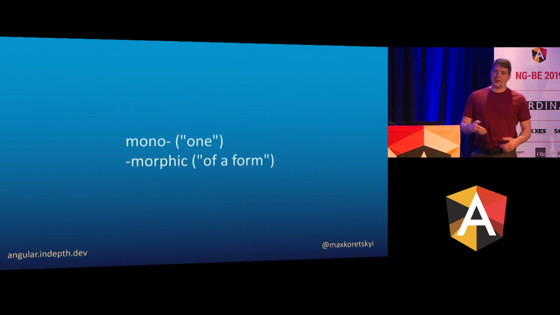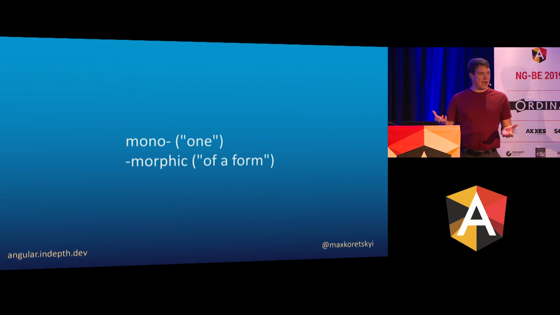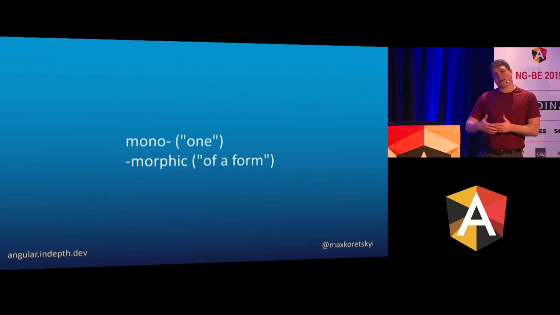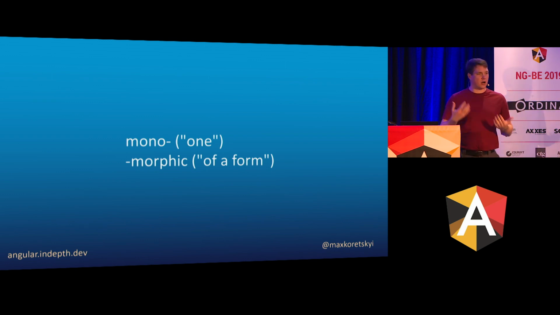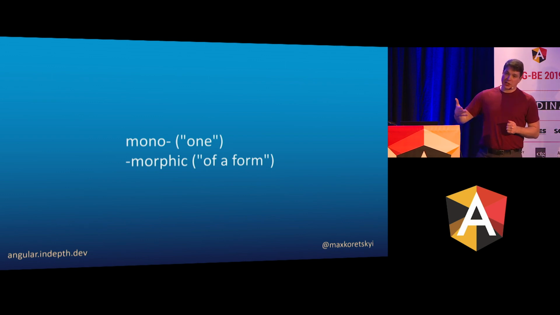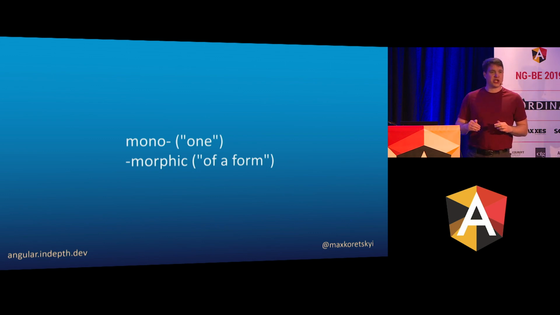And this is how you break down the monomorphic property access. Basically, it means that inside this function, there is a property access on an object. This function has been called with an object, or with many objects, and all those objects share the same shape. It means that in the cache, there is only one shape that we have to validate against.